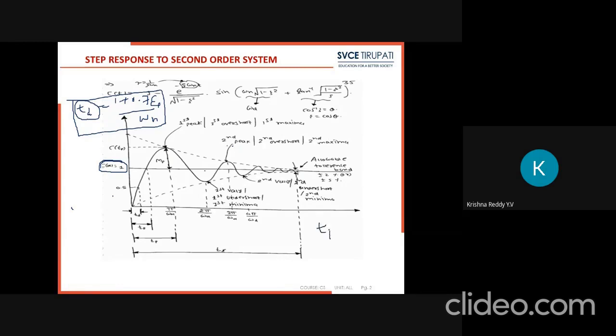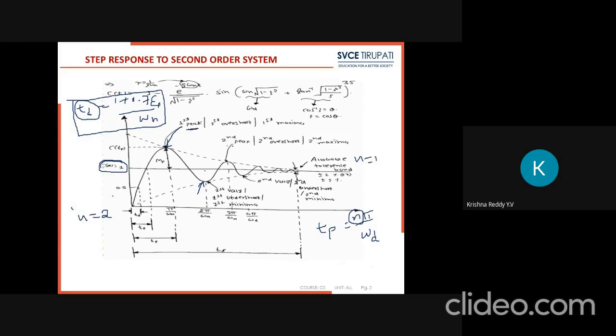is equal to n pi by omega d, where n represents the type of peak of the system. Suppose you need to reach the first peak, then n is 1. Suppose you need to reach the first valley, then n is equal to 2.